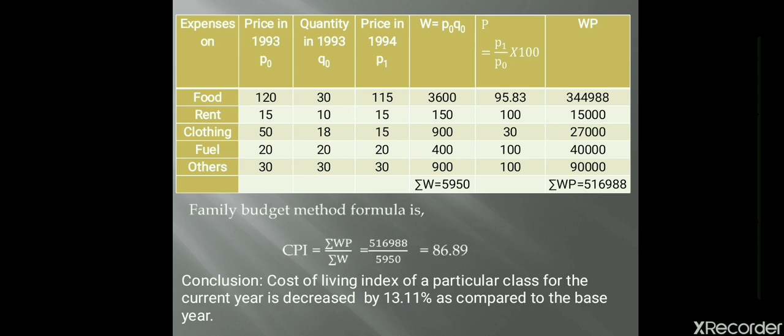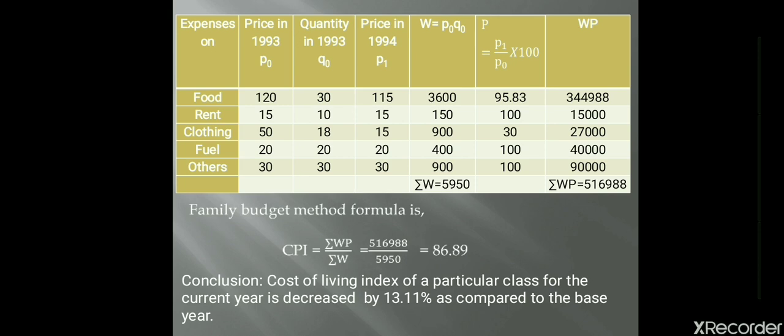So, here we go. 3600 multiplied by 95.83 results in 3,44,988. 150 multiplied by 100 is 15,000. 900 multiplied by 30 is 27,000. 400 multiplied by 100 is 40,000. 900 multiplied by 100 is 90,000.